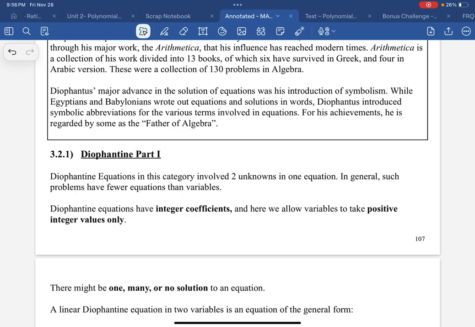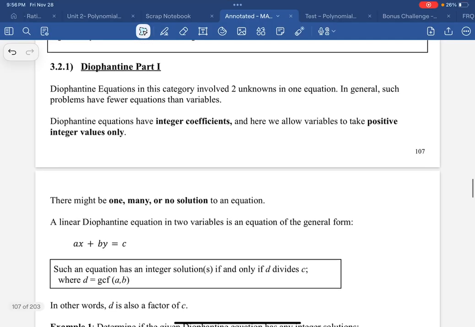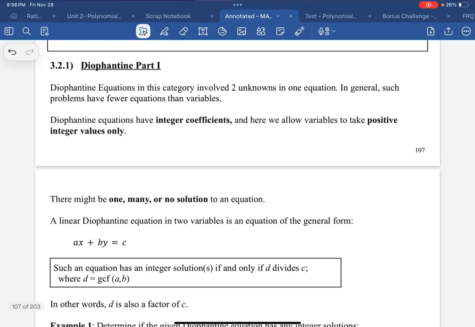Right? So the Diophantine equations, in this category of two unknowns in one equation, in general, such problems have fewer equations than variables. Okay, we'll discuss that a little bit more later.